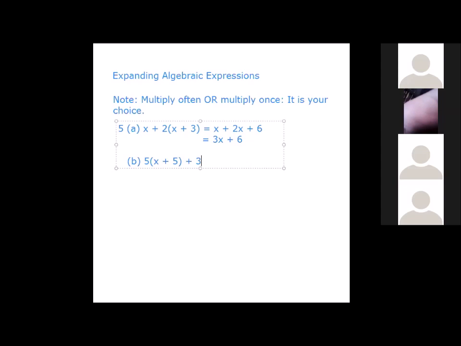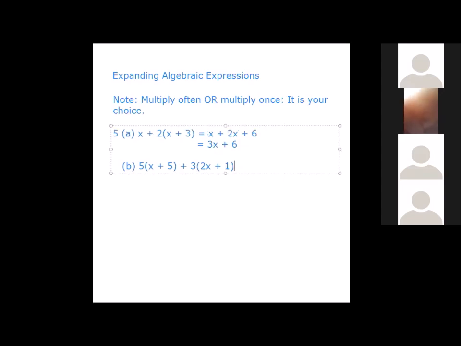Can you please take note of this and then expand? 3 parenthesis 2x plus 1. Again, Ella, 5 parenthesis x plus 5. Expand that one. And then Hannah, 3 parenthesis 2x plus 1.